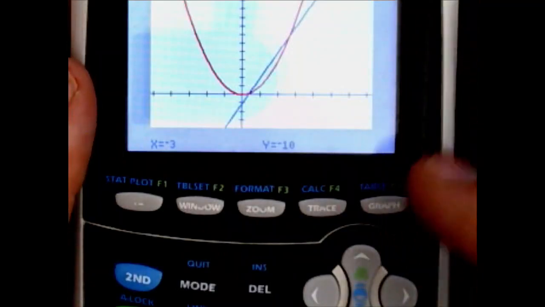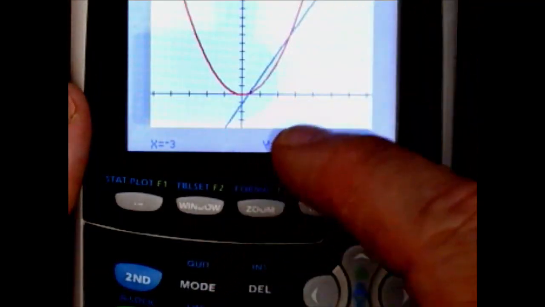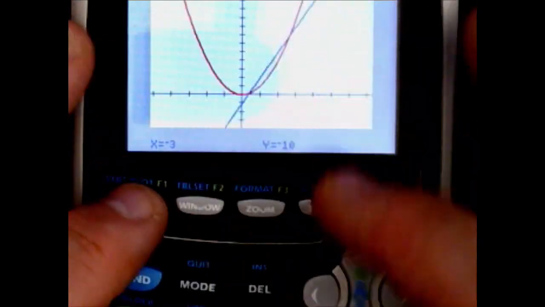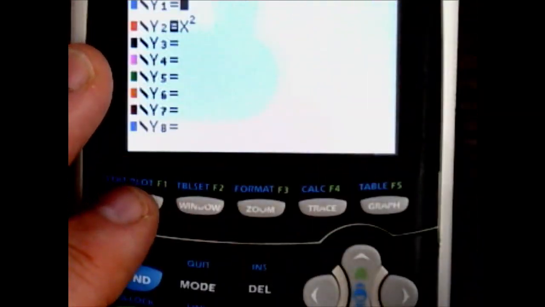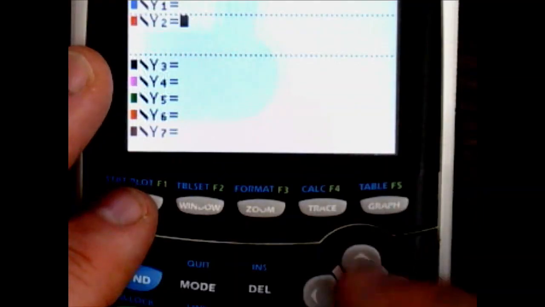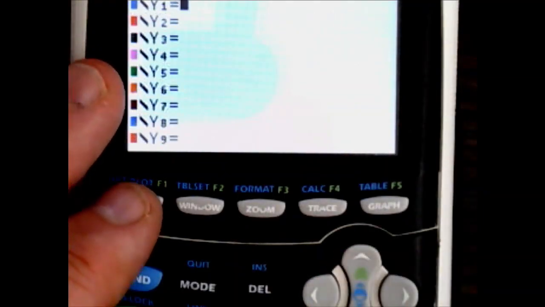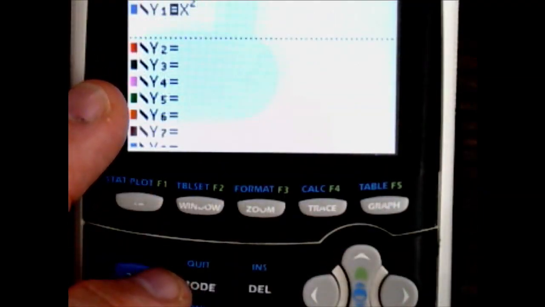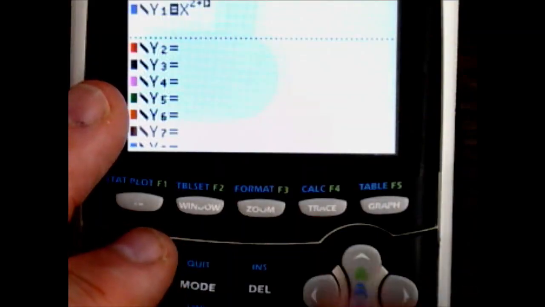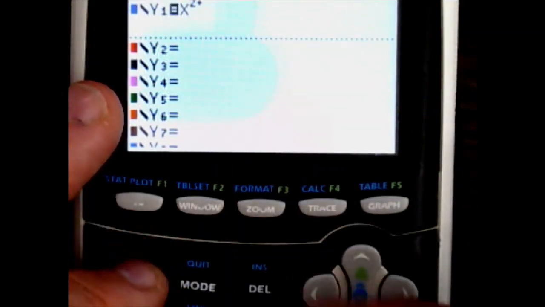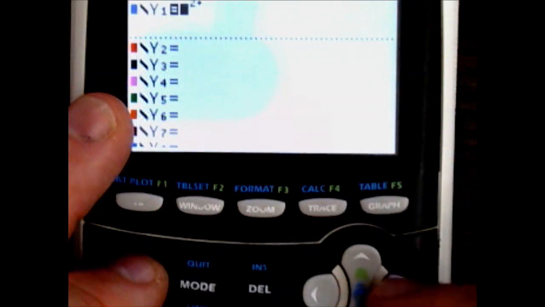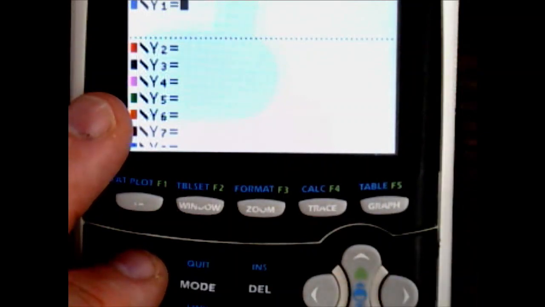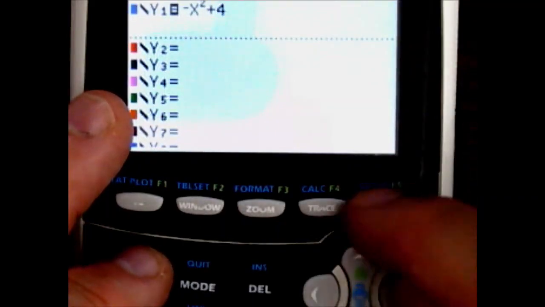Alright, so if I want to find the x-intercept, let's get rid of the two guys here and let's type in, I don't know, -x squared plus 4.